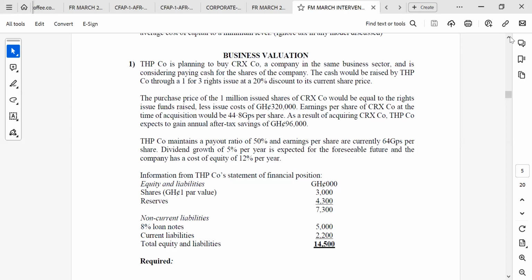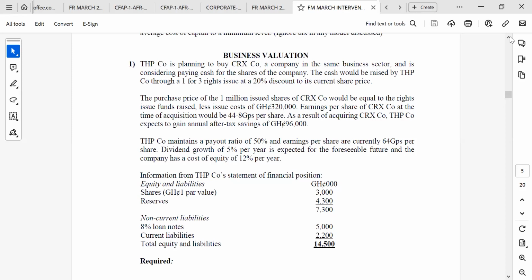When you read the question, you said that the purchase price of the 1 million issued shares of CRX Co. So that's the reason why I have taken the 1 million. Even if they are telling you that the company is buying 70% of the shares.